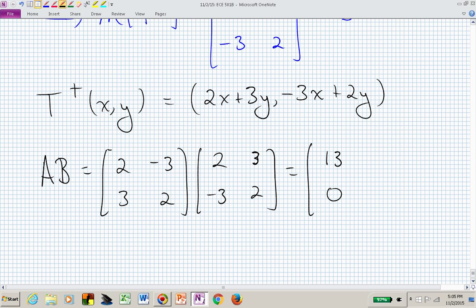In the second column of our product, we take 3 times the first column and 2 times the second. The 1, 2 entry is again 6 minus 6, or 0, and the 2, 2 entry is 3 squared plus 2 squared, or 13.